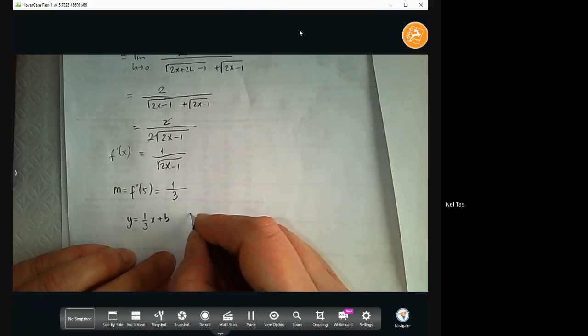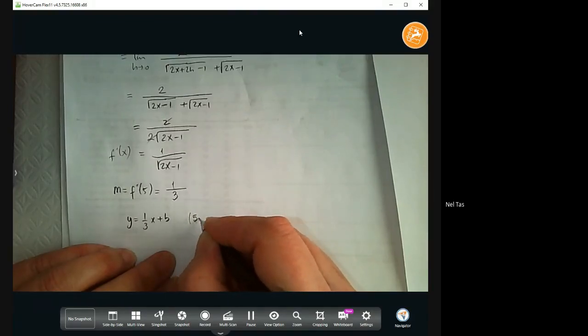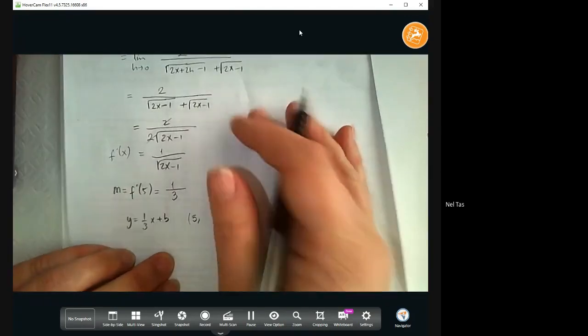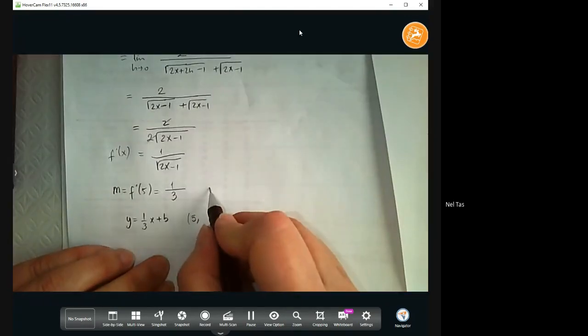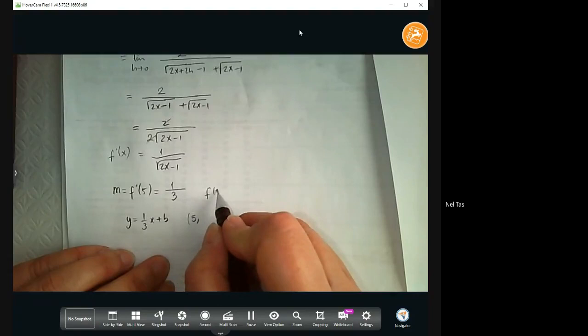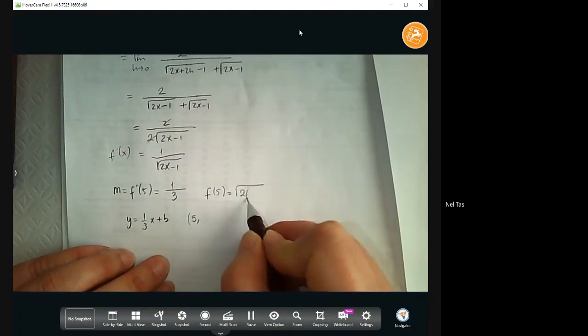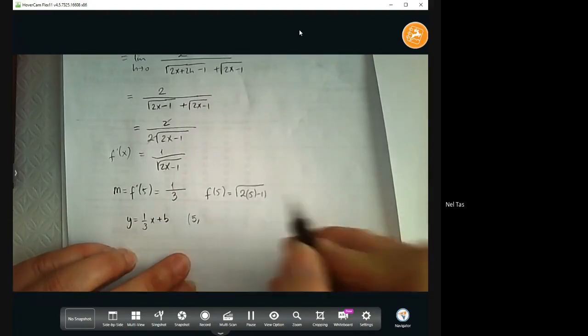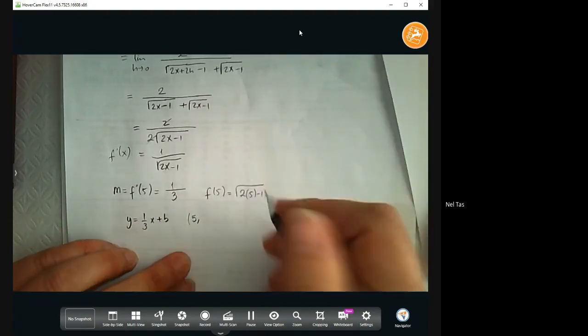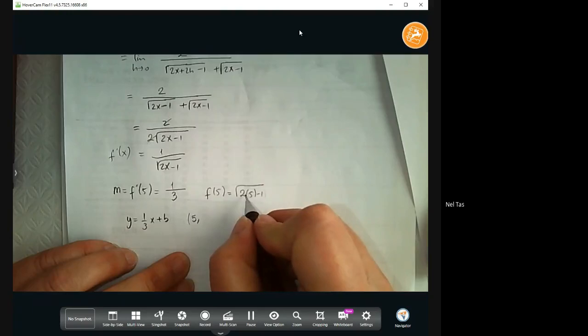So we need a point. The x coordinate is 5. The y coordinate we need to calculate, so we need f of 5. Sub into the original function: 2 times 5 minus 1 gives you 9. Square root of 9 is 3. So the point is 5 and 3.